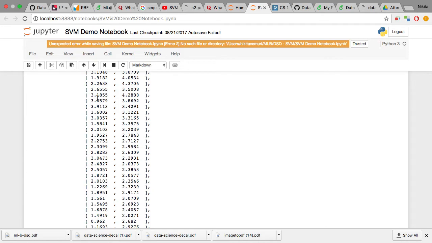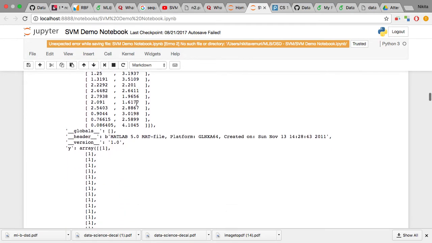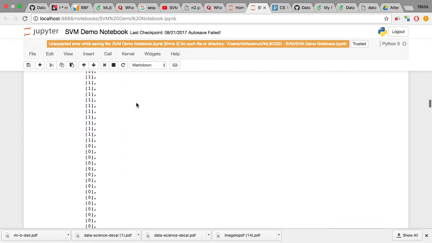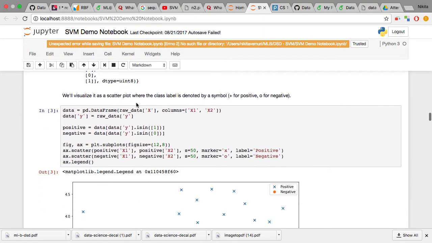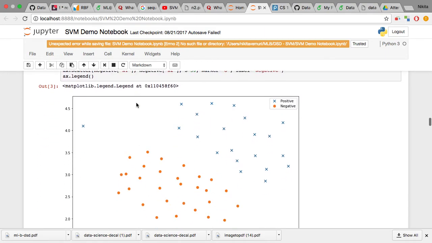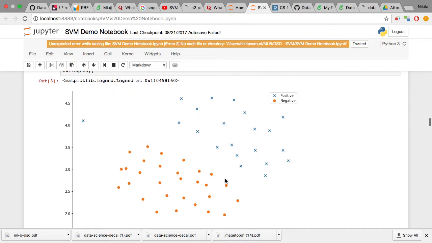The X features have 2 dimensions and the Y are either class labels 1 or 0. And if you plot it out, it looks like this. You can see that for the most part it's pretty linearly separable, except you have this one blue point over here that messes with things. And we'll see how changing the hyperparameters tells the SVM what to do with that outlier point.